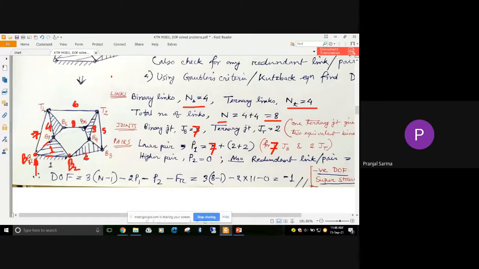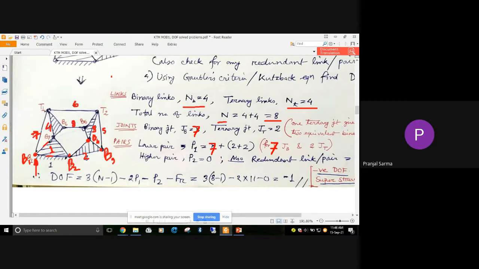Here in this particular joint, we have link number 2 and link number 5 joined. So another binary joint because only two links are joined. So the third binary joint, b3. If I go for this joint, here link 2 and link 3 are joined, so b4, the fourth binary joint.